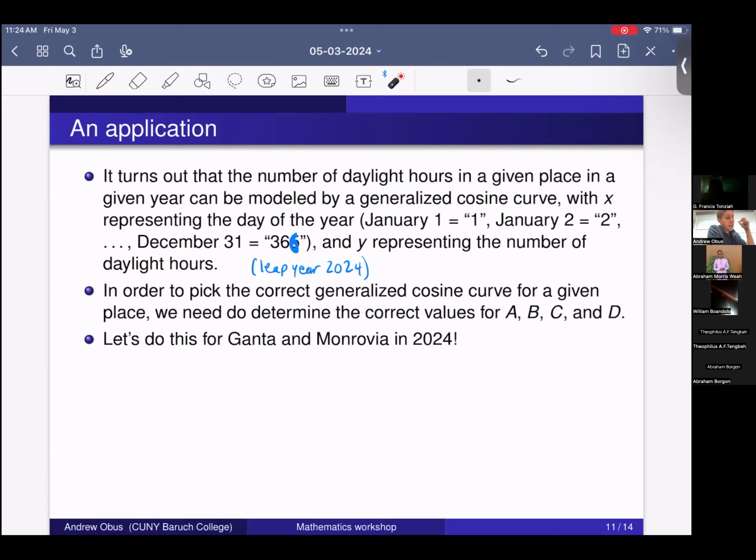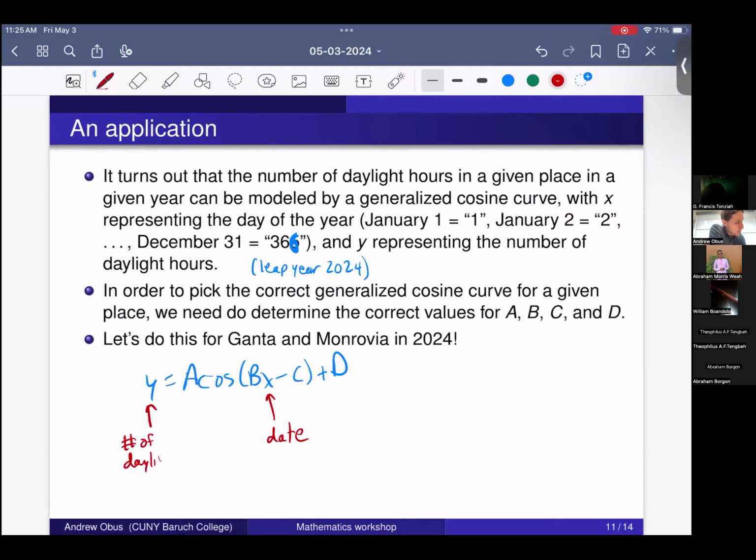So you're going to have y equals a times cosine of bx minus c, plus d, where x is the date using this representation, and y is the number of daylight hours. But every city, every town on the globe is going to have different values for a, b, c, and d.